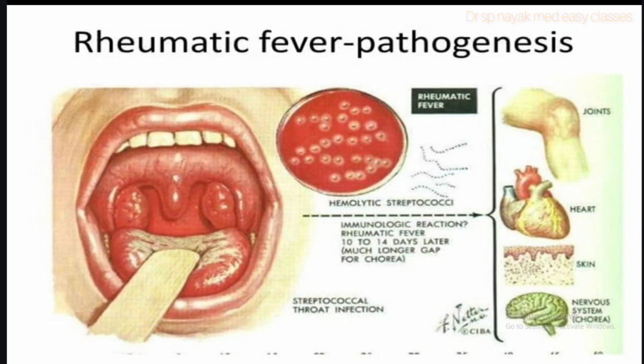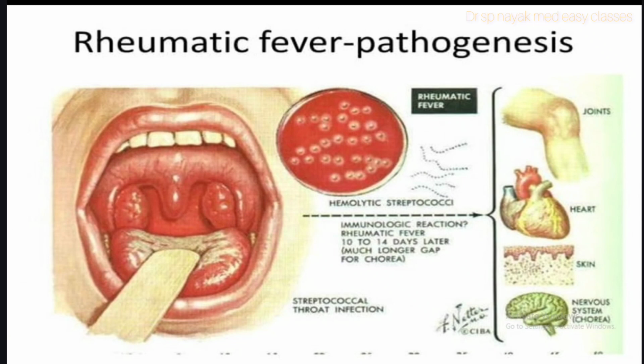Then we studied rheumatic fever pathogenesis. We talked about hemolytic streptococci. Hemolytic streptococci cause the infection at first, but actually the rheumatic fever occurs due to the immunological response, or the mimicry or cross reactivity.